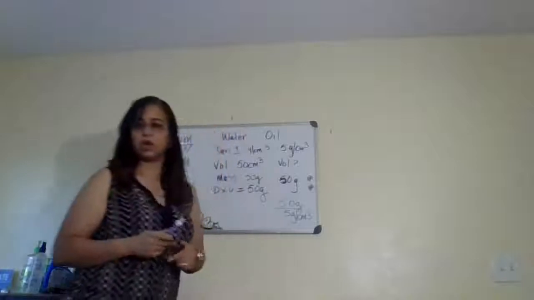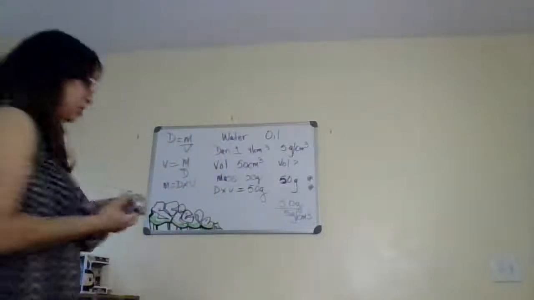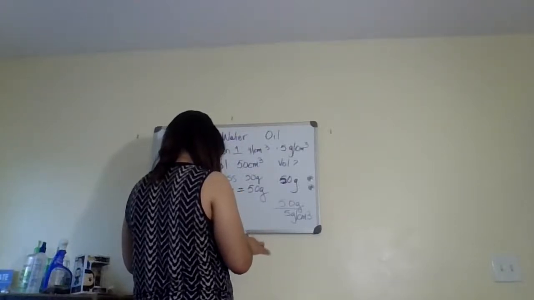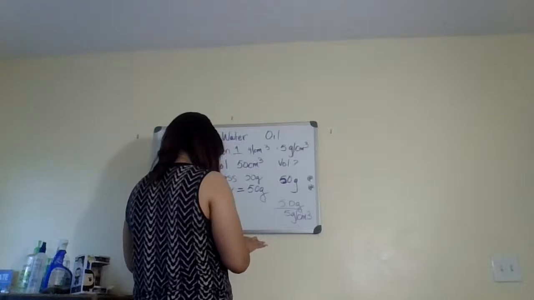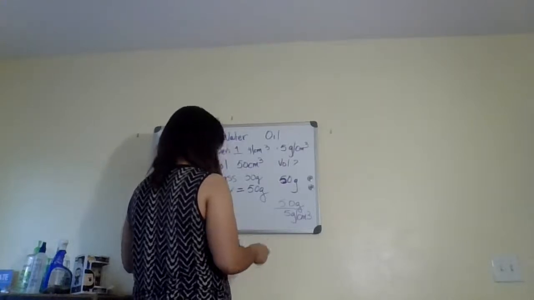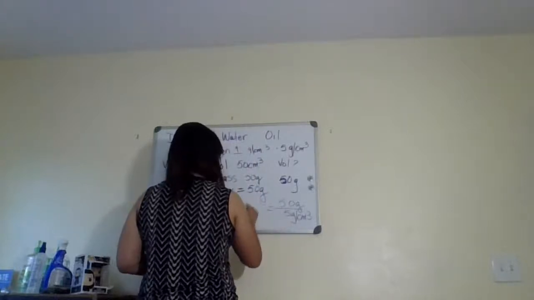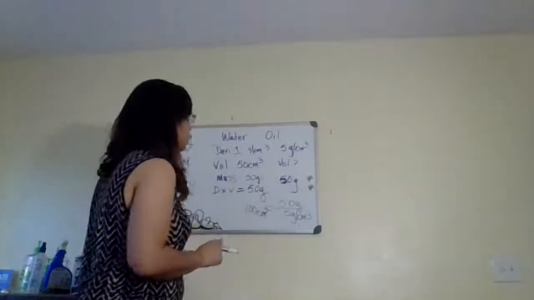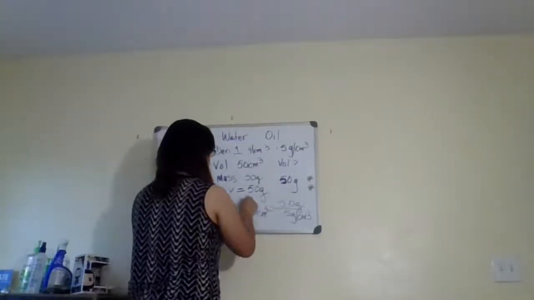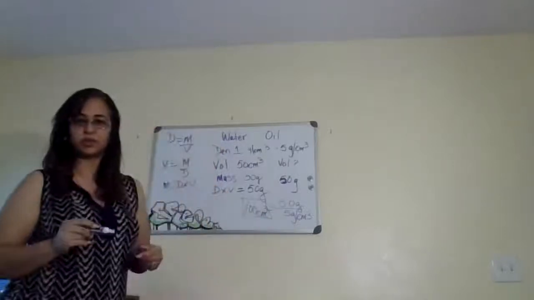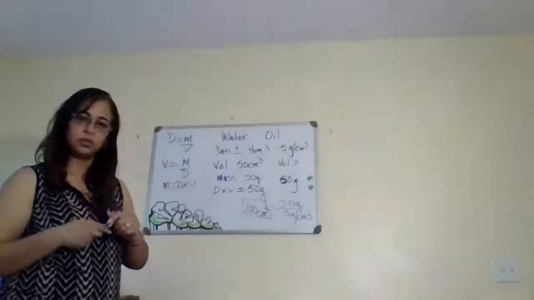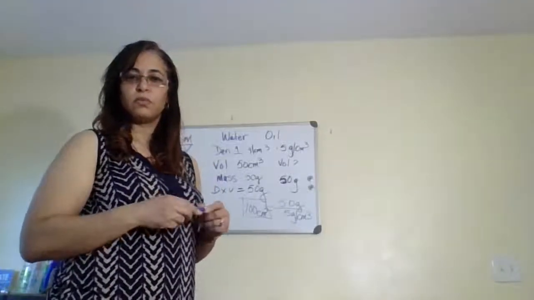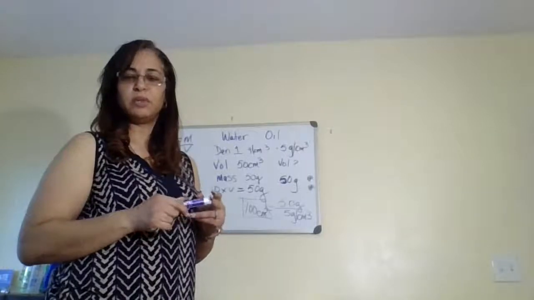If we do our math, 50 divided by 0.5 gives you 100 cubic centimeters. So the volume of oil that has a mass of 50 grams is 100 cubic centimeters. Does that make sense? Does anyone need me to go over the problem again?